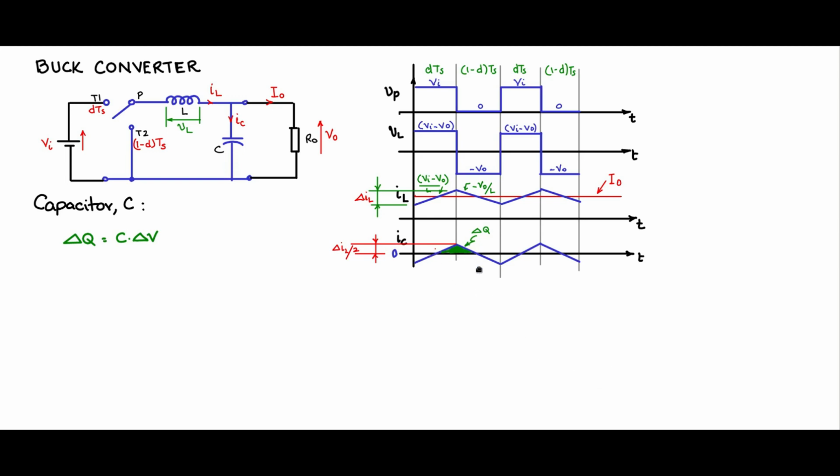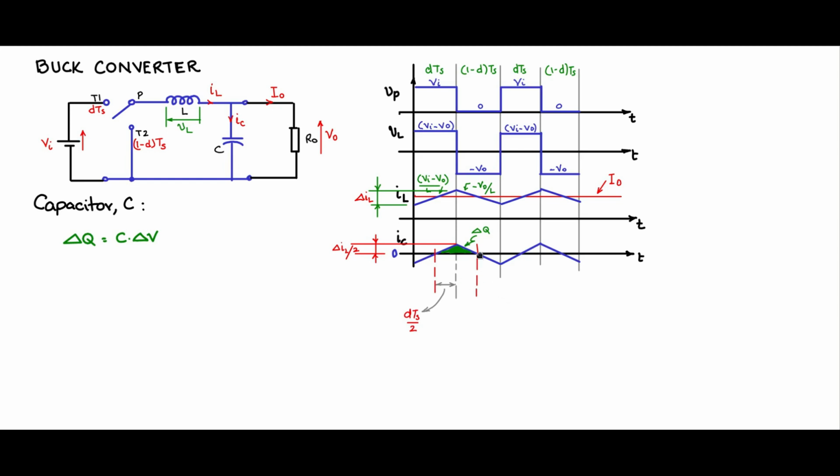And what is the base of the triangle? So that is the distance from here to here. So what is this distance? So here if you see, this is from minus delta IL by 2 to plus delta IL by 2. Now this is linear, therefore this has to be the midpoint. So therefore this must be dTs by 2.